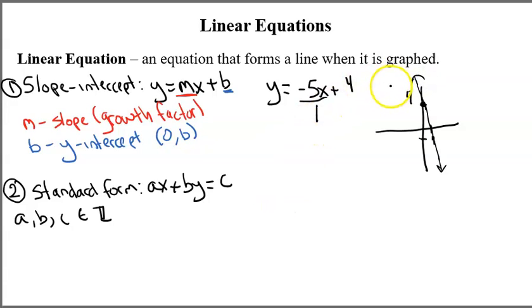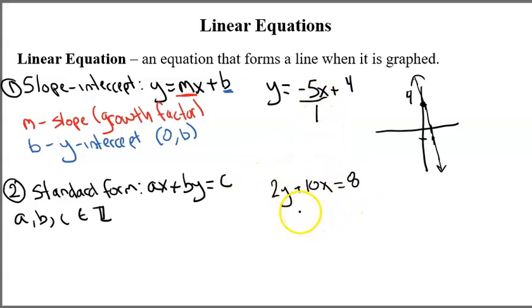Okay. Now, if I take this, I can rewrite it to make it look like this. And so, an equivalent form of this equation, the standard form, is 2y plus 10x equals 8. And to show they're equivalent, I can actually take this equation, solve it for y, and it should be equivalent to this.